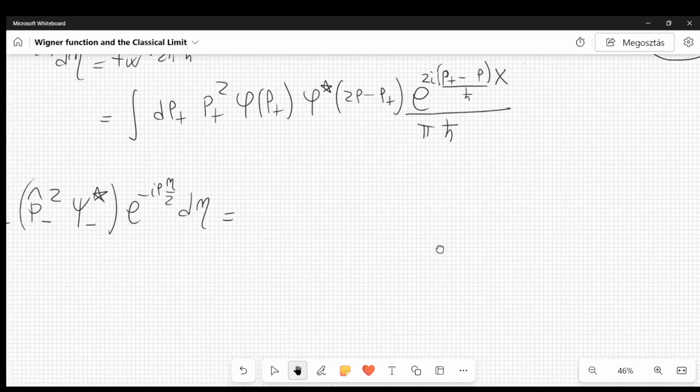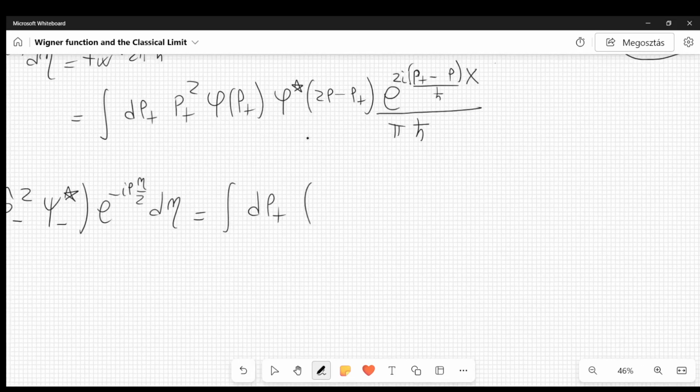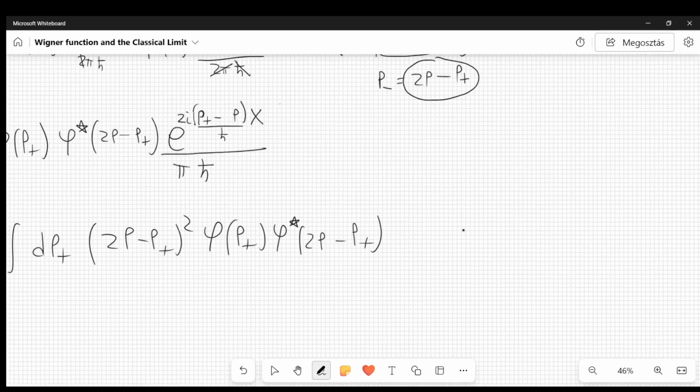So what we have is dp plus times p minus would be 2p minus p plus squared. Then we have phi of p plus, phi star of 2p minus p plus, and then we have the same thing, e to the 2I p plus minus p over h bar times x, divided by pi h bar, like this.